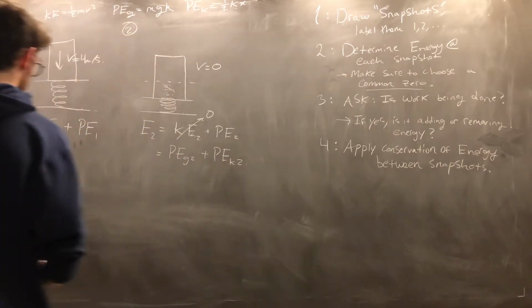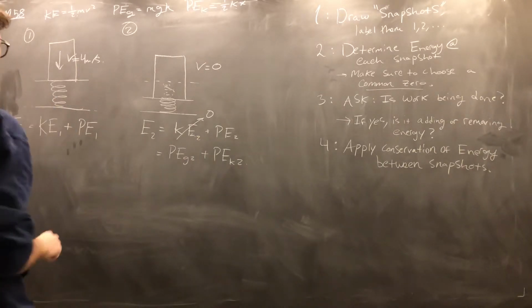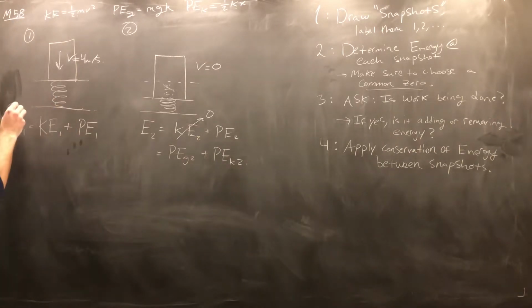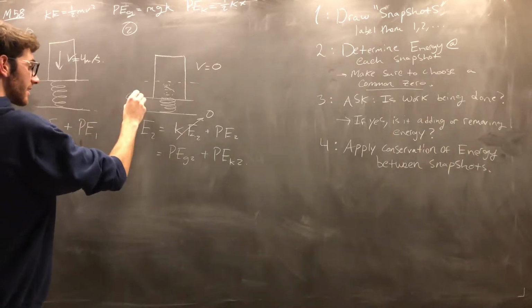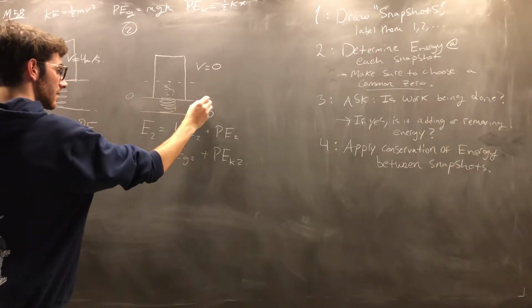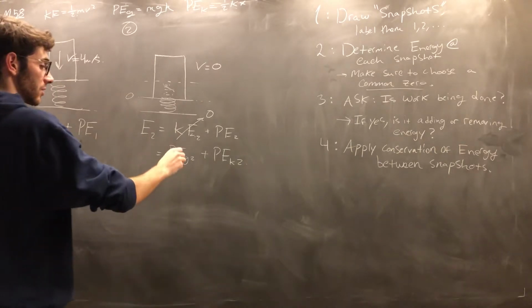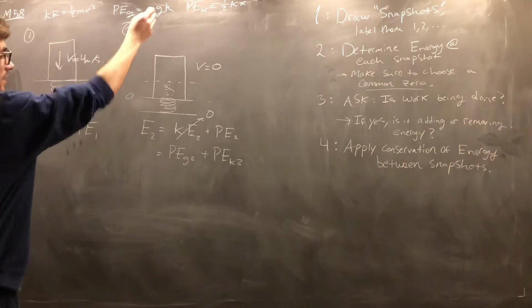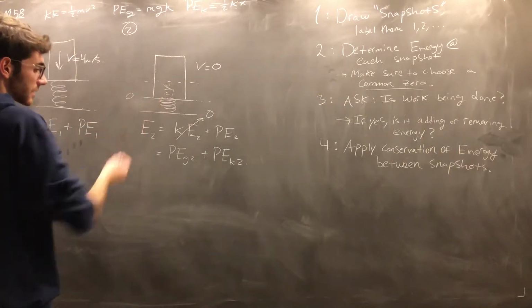But here's where our choice of 0 is going to make our lives a lot easier. At the beginning I was saying we could choose our 0 here, and we could, but we won't, because if we choose our 0 here, then the gravitational potential energy, this term, which in general would be mg times h, well, the height of this above the 0 is actually 0.